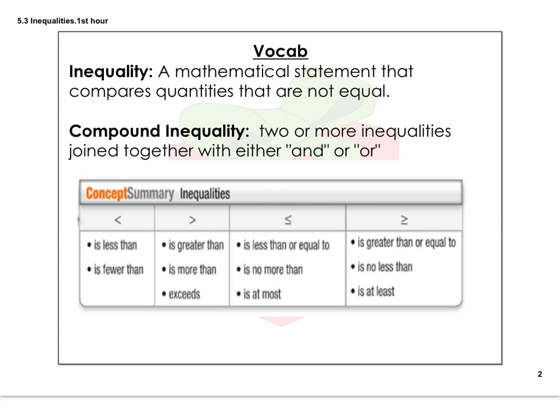You're going to be given a sentence using, like in the first column, the word "is less than," and that's going to indicate using that less than sign. Or in that far right column where it's the greater than or equal to sign, you'll see the words "at least," which is going to indicate using the greater than or equal to sign. So I just wanted to have you guys take a look at these one more time. Again, they are in the vocab section of your notes for you guys to reference as well.